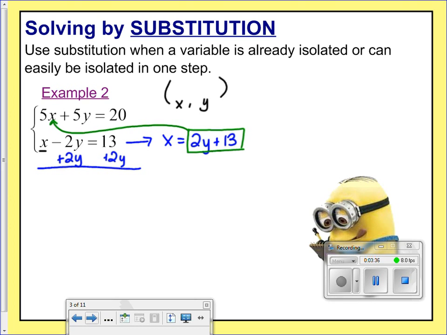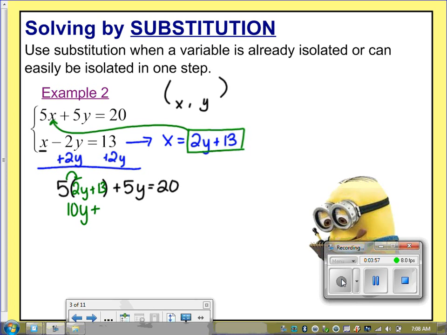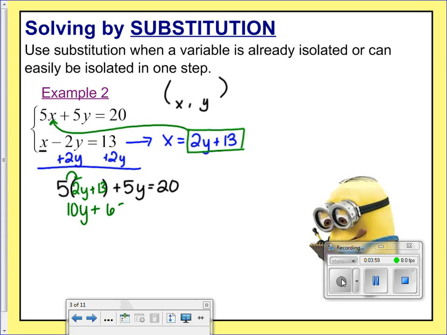Let's rewrite this. 5, instead of x, I'm going to have an open parentheses. And in that open parentheses, I'm going to put what's boxed, 2y plus 13. Let's distribute. 10y plus 65 plus 5y equals 20.